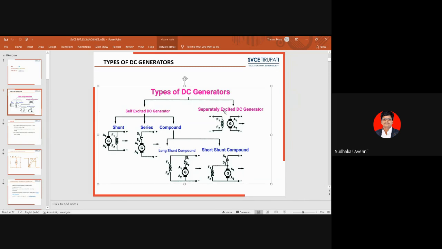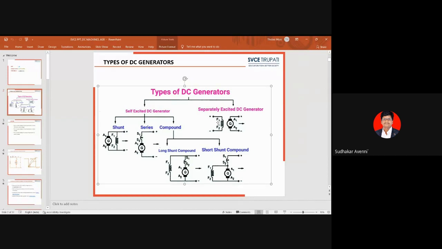Self-excitation means the generator itself provides the input for the generator. Those generators are self-excited generators. In separately excited generators, the field winding is excited by a separate DC source.